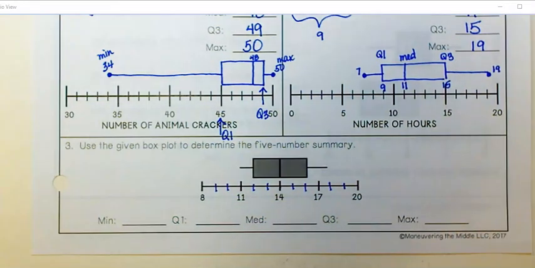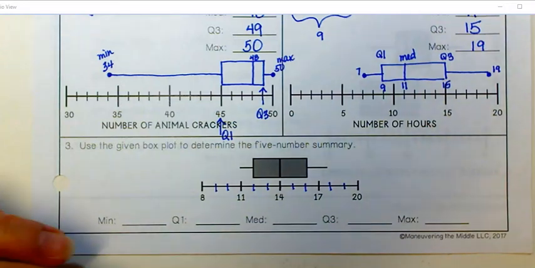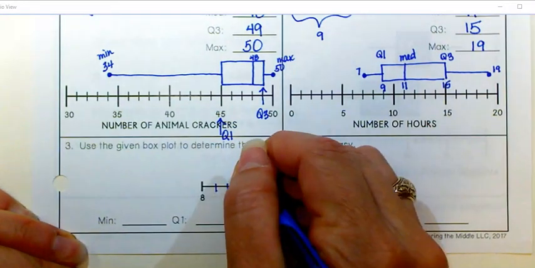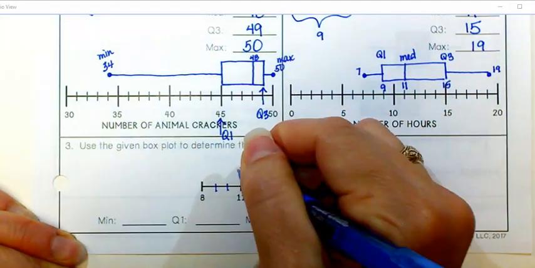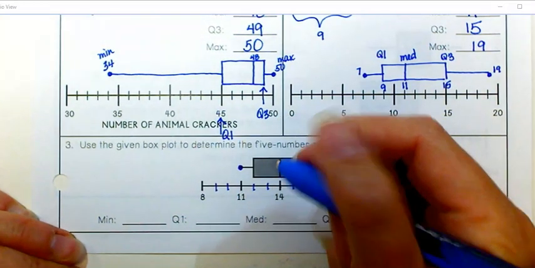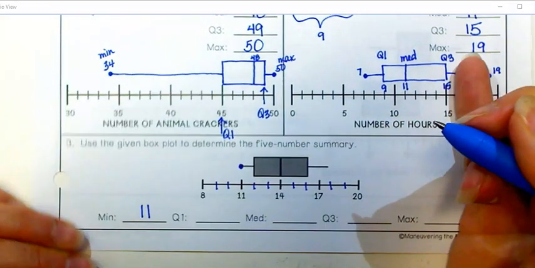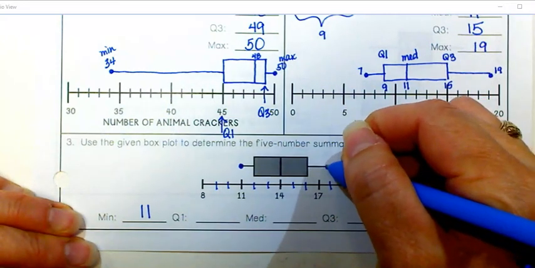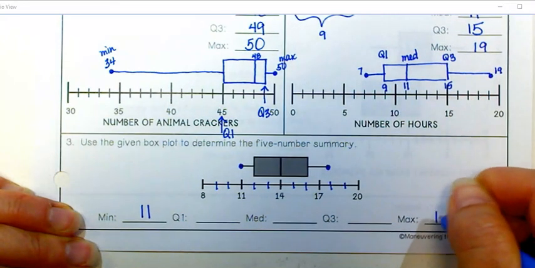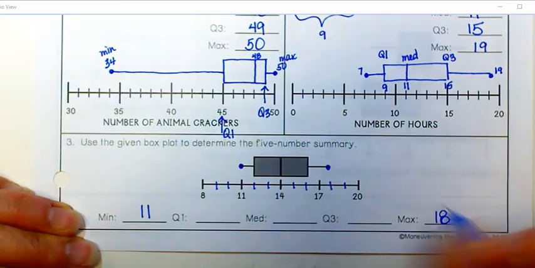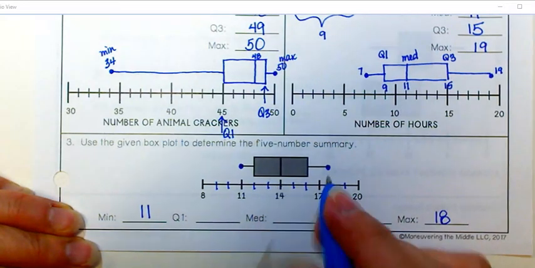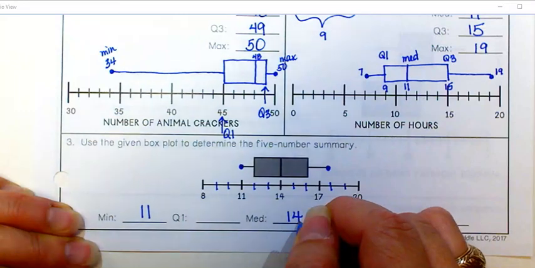Okay, so I had to put in a couple little hash marks just to make it a little more obvious. Here we go. The minimum is right here, and it looks like it's at 11. My maximum is right here, and it looks like it's at 18. My median is the very middle, 14.